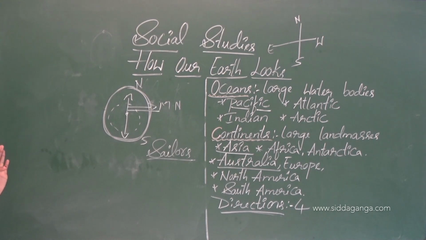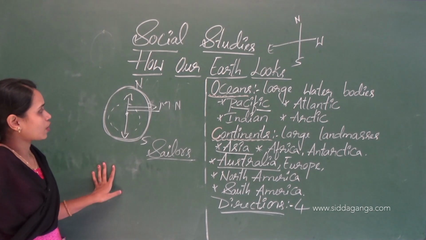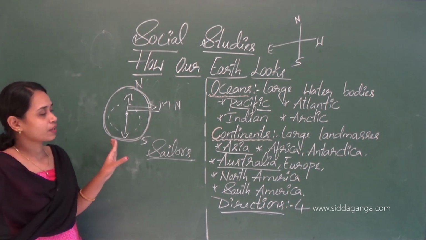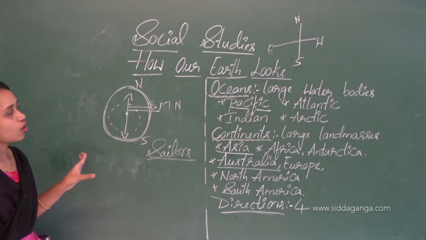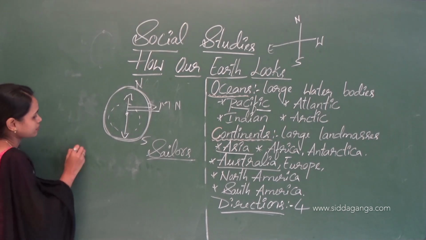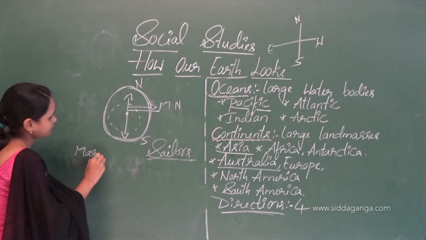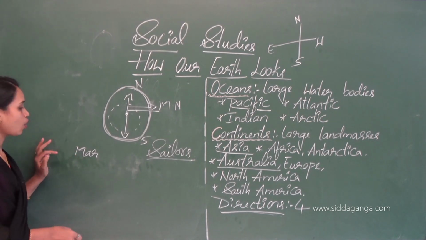It also helps sailors on the oceans to find the right directions. Here it is called the Mariner's compass. The compass is used by the sailors to find their way on the open oceans.